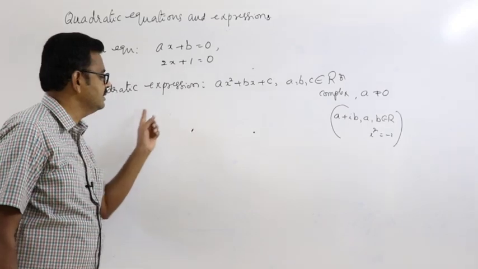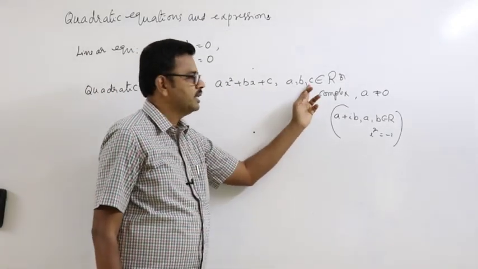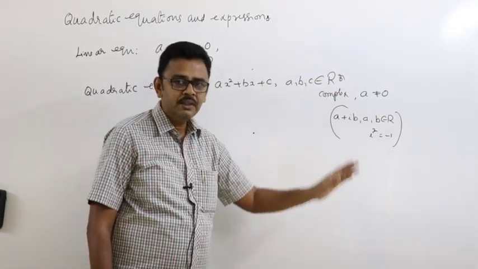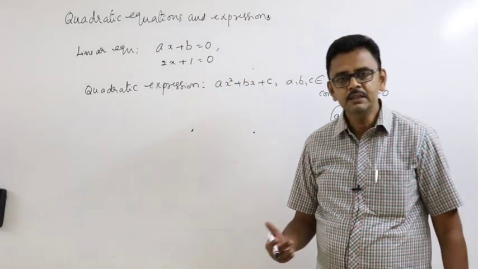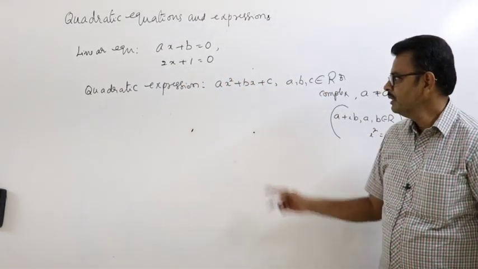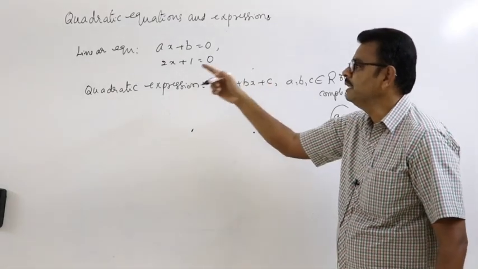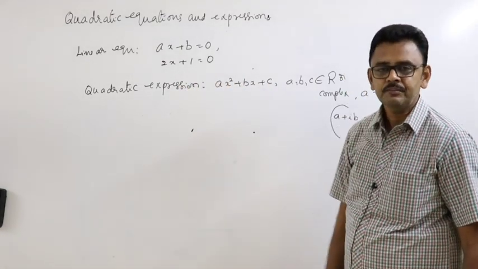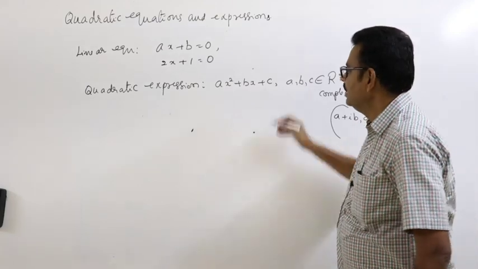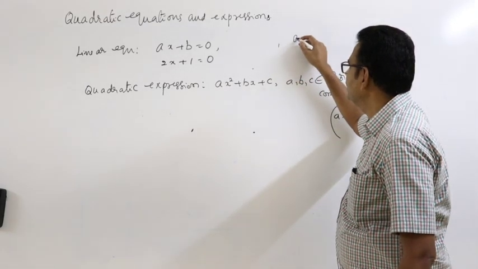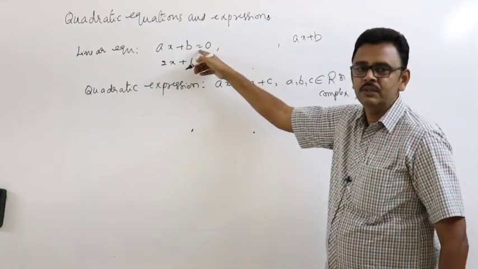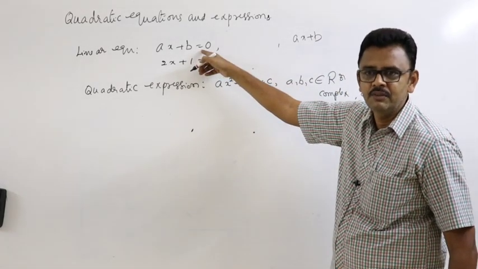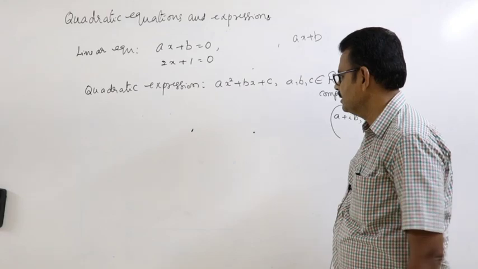So the condition is a, b, c are real or complex numbers such that a not equal to 0. Expression means only ax plus b. This is an expression. If it is equal to 0, that is an equation.